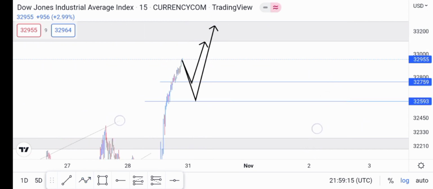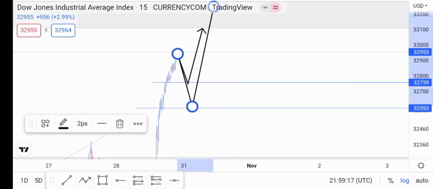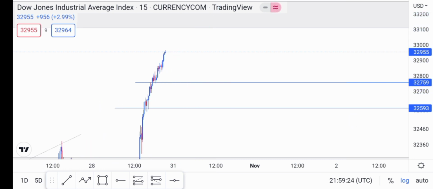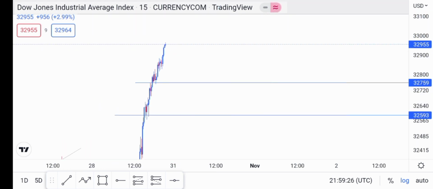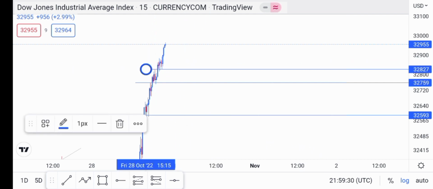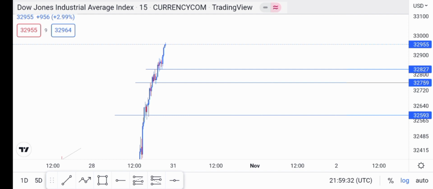So this is a two-way scenario. If you want to be safe, or if you are scared that you're going to miss the movement, there are a lot of entry levels that I'm seeing here.